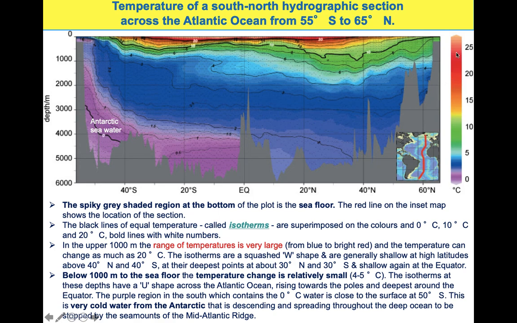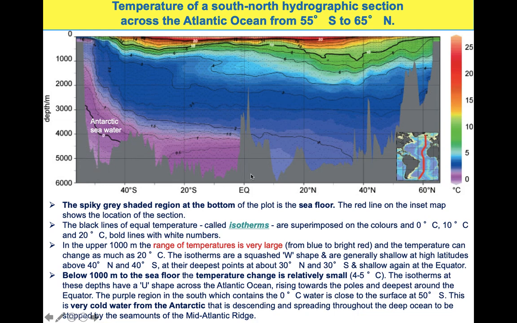On the right hand side you see the color coding for temperatures in degrees Celsius, cold colors, starting with purple, 0, and then you go to very warm temperatures, nearly 28 degrees Celsius with orangish red. And on the left-hand side, you have the depth in meters from 0 sea level to 6,000 meters.